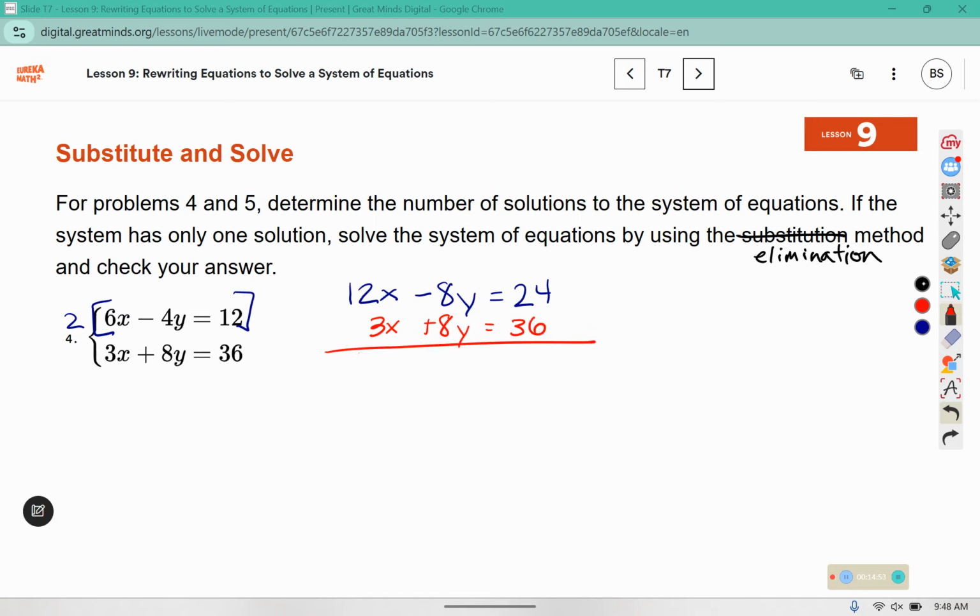Adding these together, I have 15x, a -8 and a +8 are eliminated. 24 plus 36 is 60. Then divide both sides by 15. And I get x equals 4. Now we will replace that into one of the equations.